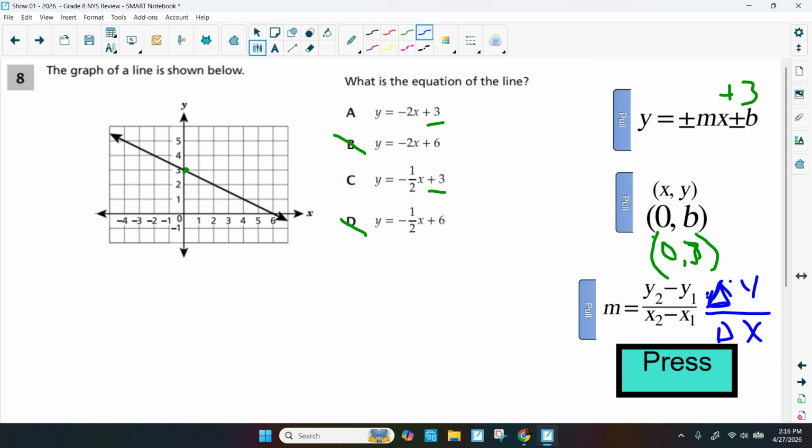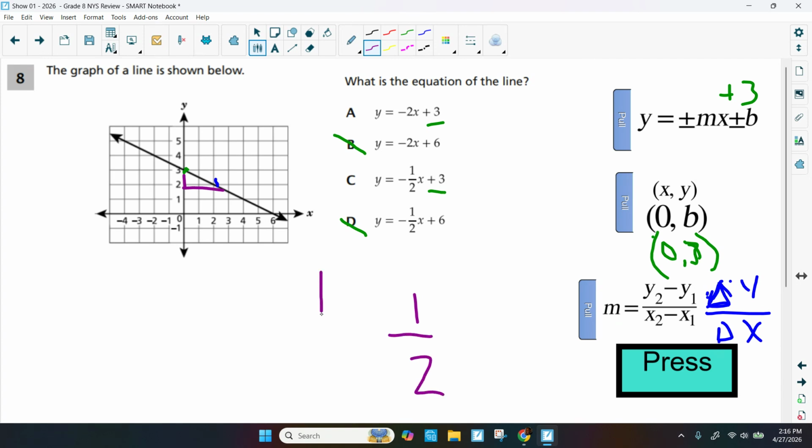So I'm looking at it. I'm going to start at the 3 on the y-axis, and I'm going to count to my nearest point, which would be right here on that line. So I'm going to count down and change color. 1 box. So 1 box down, and 2 boxes over.